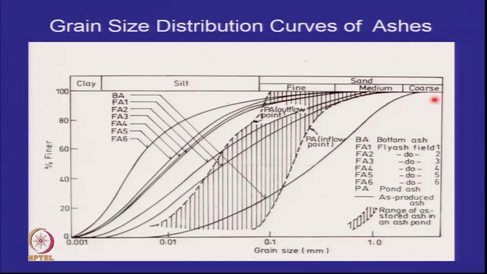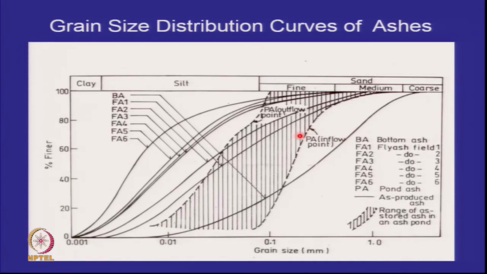Then I do field 1, field 2, field 3, field 4, field 5, field 6. These are from the electrostatic precipitators. We picked up the material from each hopper of the electrostatic precipitators, mixed all of that and sent it to the pond, and this is the pond ash from the same thermal power station, at the end of the production of the ash. The pond ash is in this range.